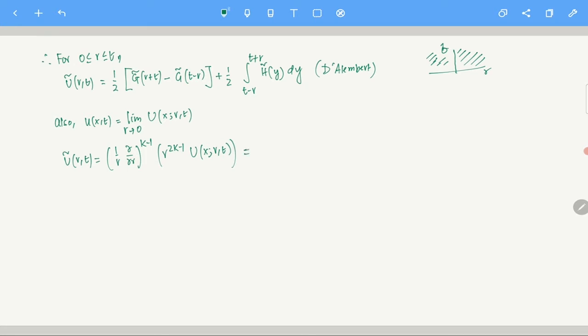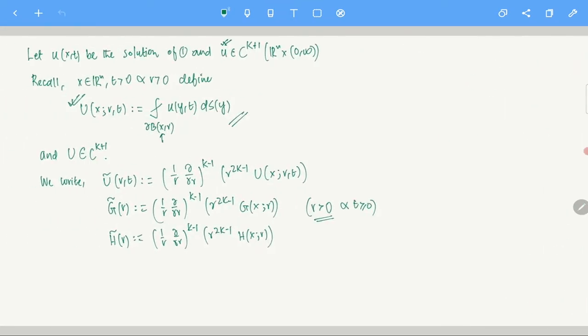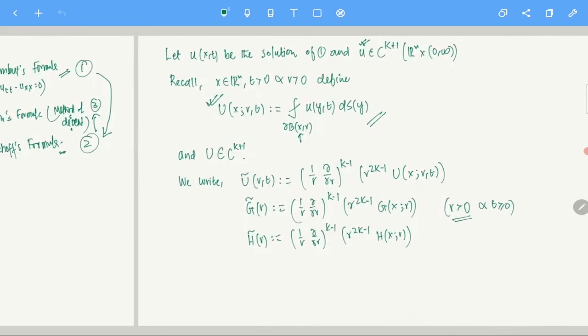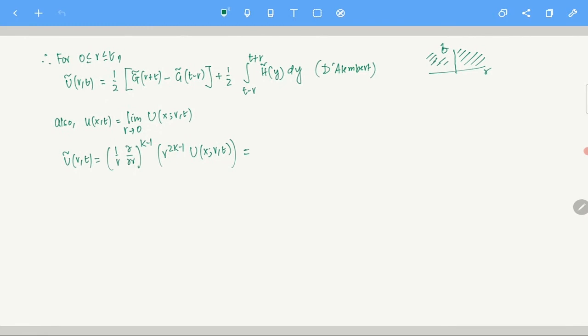Okay, this I am now going to use, this particular second part: (1/r ∂/∂r)^(k-1) of r^(2k-1) phi of r is this sum, this a little crazy looking sum. So let's just write that sum here.